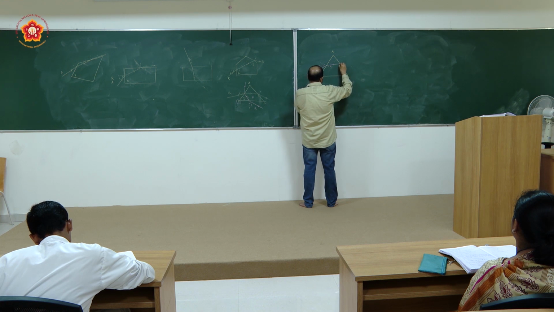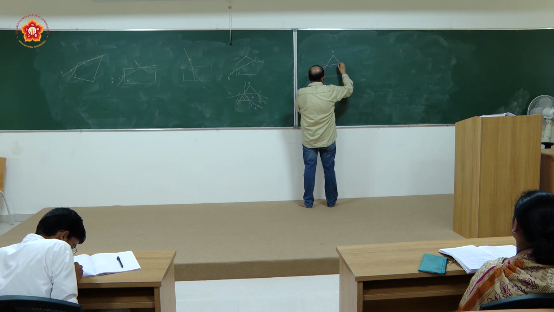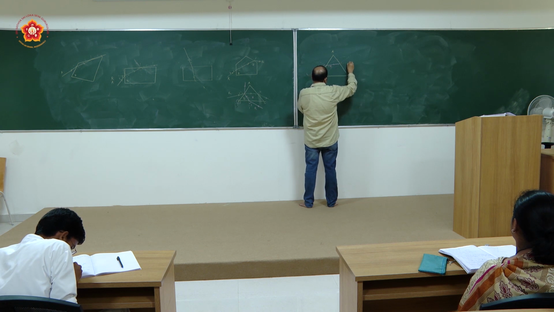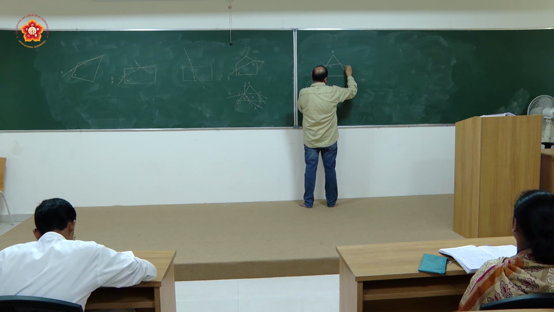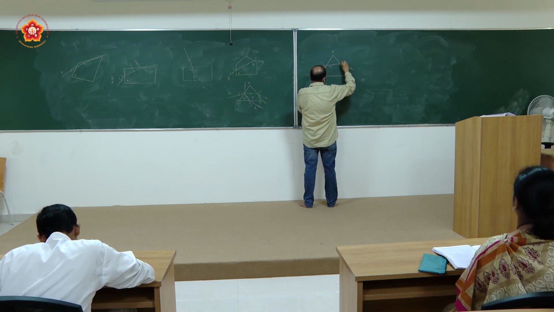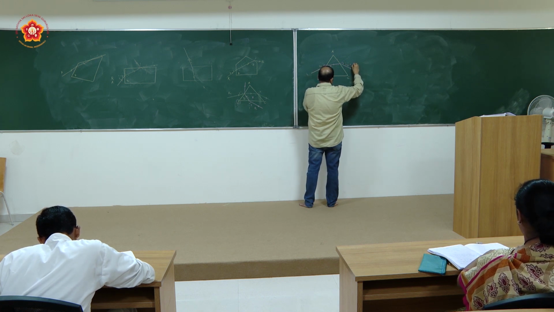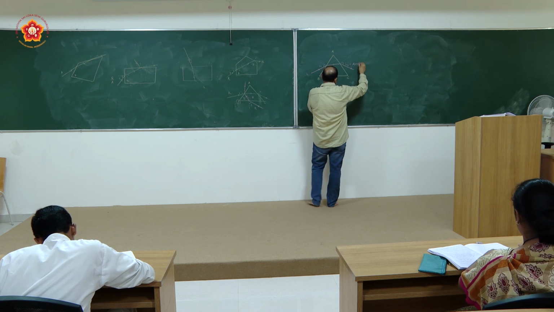And then at this point again, I will be able to drop a perpendicular. The ray is traveling from denser to rarer, so instead of traveling along a straight line, it is bending away from the normal. This angle here is called the angle of emergence I2. I2 is called angle of emergence.